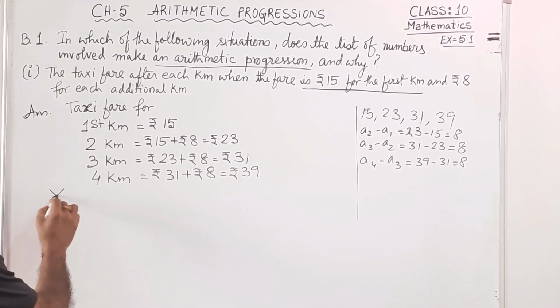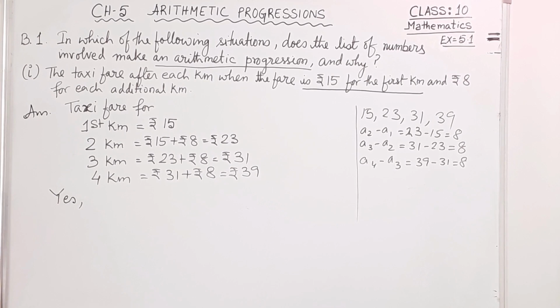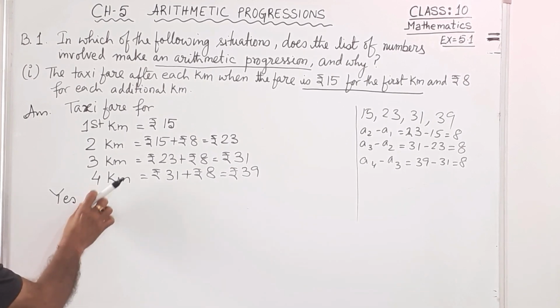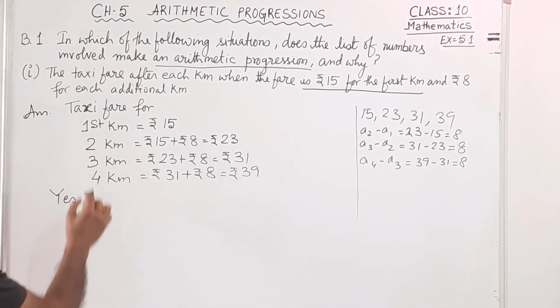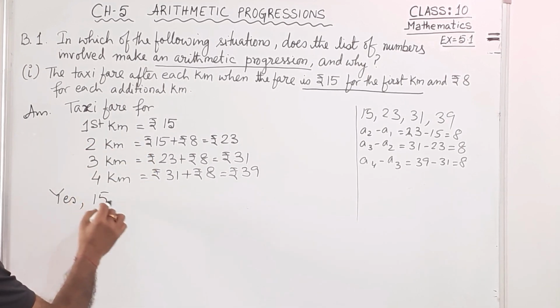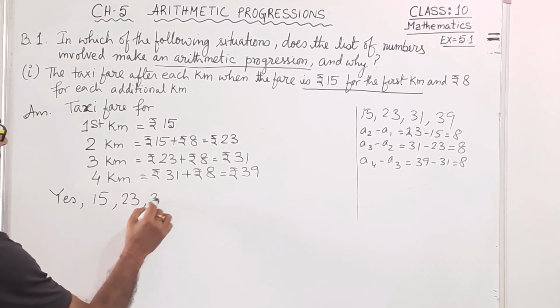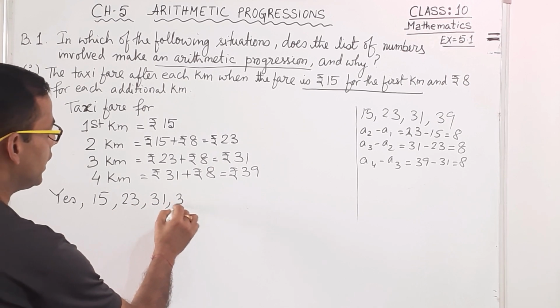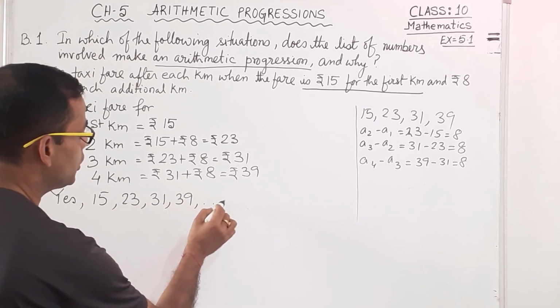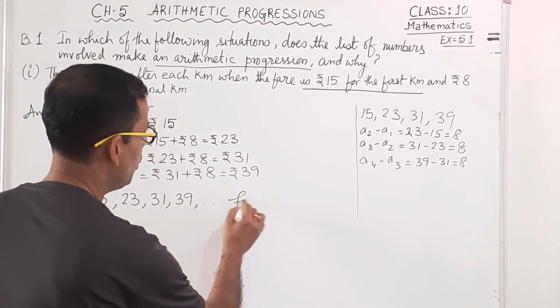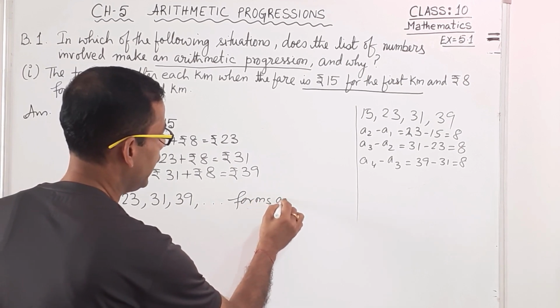So what we will write? We will say yes. Yes, and then we will write here 15, 23, 31, 39, dot dot dot forms an AP.